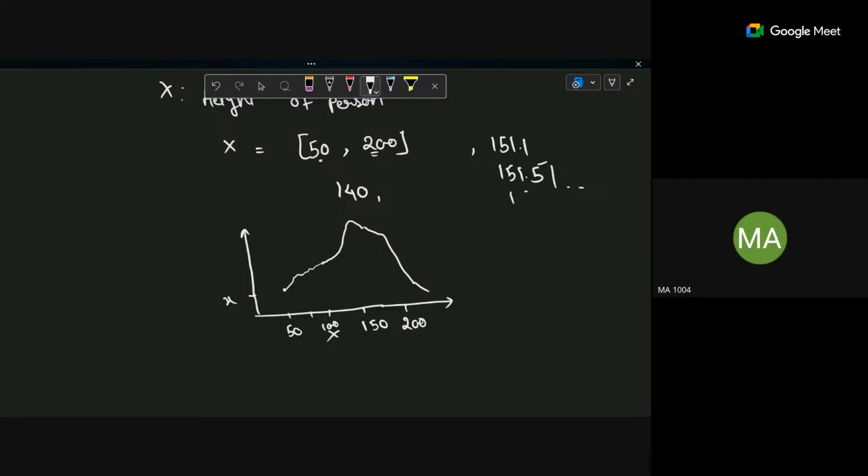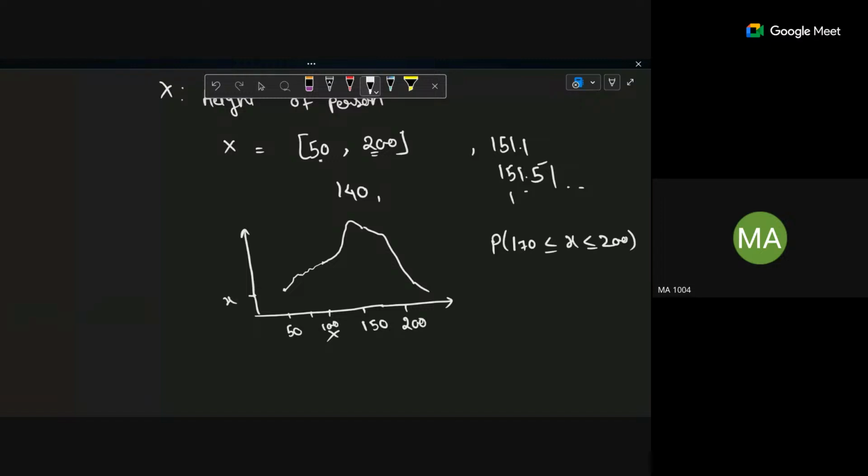So if someone wants to know the probability that a person in that particular region has a height lying between, let's say, 170 to 200, what will you do? If you are able to collect the data, which is not possible for the height of every person on the earth, because you can't even measure the height of everyone in one city.